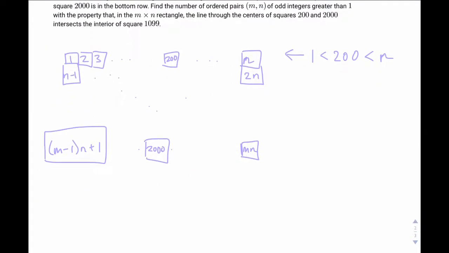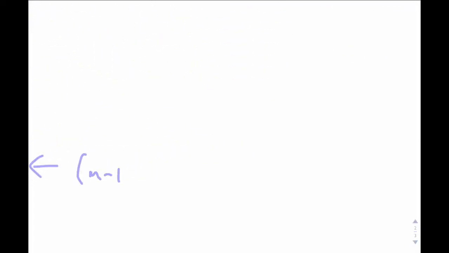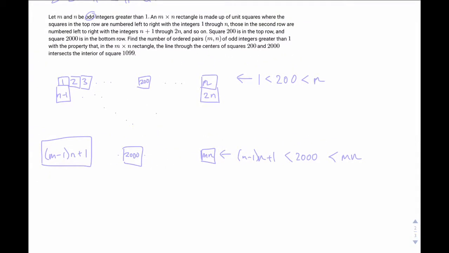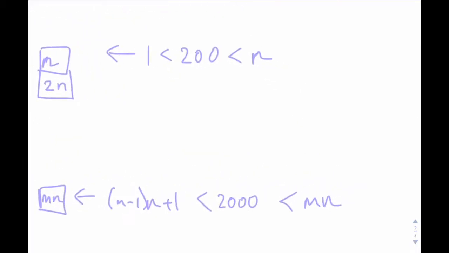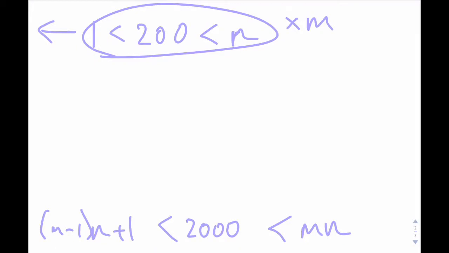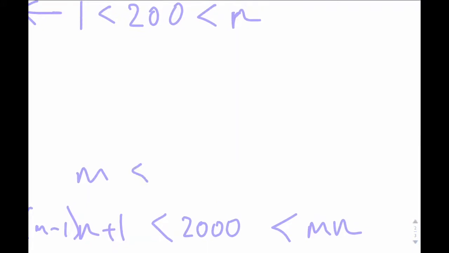Furthermore, we can do the same thing with the last row and say that m minus 1 times n plus 1 is less than 2000 is less than mn. And so the first thing we can do just by looking at these two inequalities is multiply this one times m, and what happens when we do that is we get m is less than 200m is less than mn.